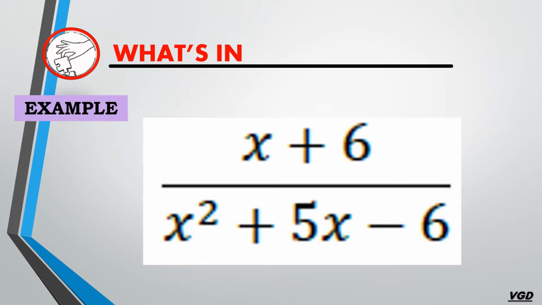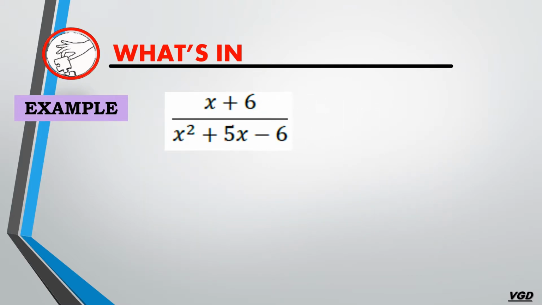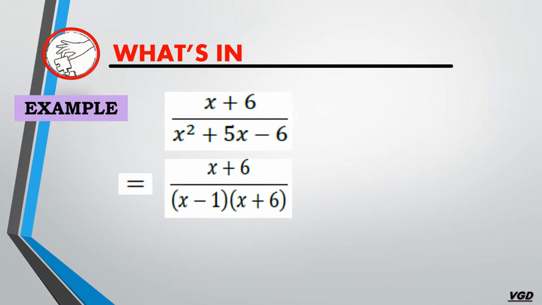For example, we have here (x + 6) over (x squared + 5x - 6). As a review, we need to factor the denominator in this expression. We have x squared + 5x - 6, and the factors of this expression are the quantity (x - 1) times the quantity (x + 6).